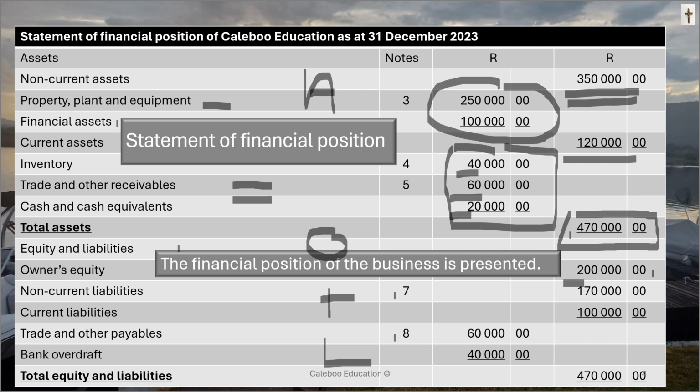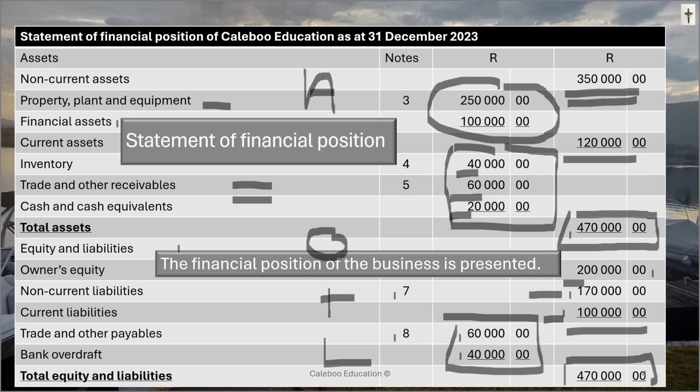Non-current liabilities, your long-term liabilities, for example, a mortgage loan, plus your current liabilities, and they actually list the current liabilities on the face of this document. Trade and other payables, 60,000. Bank overdraft, 40,000. So current liabilities of 100,000. Now if you add the owner's equity plus non-current liabilities plus current liabilities, it will give you 470,000.